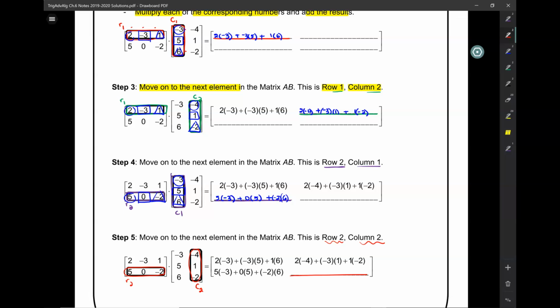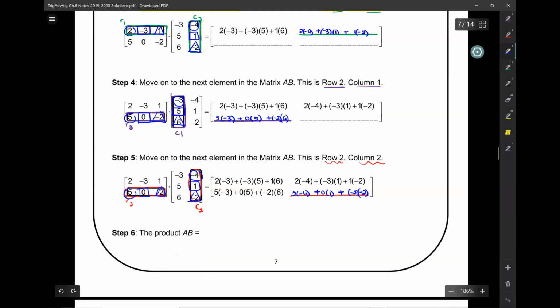And then the first with the first, the second with the second, the third with the third, and now we're just going to add them all.